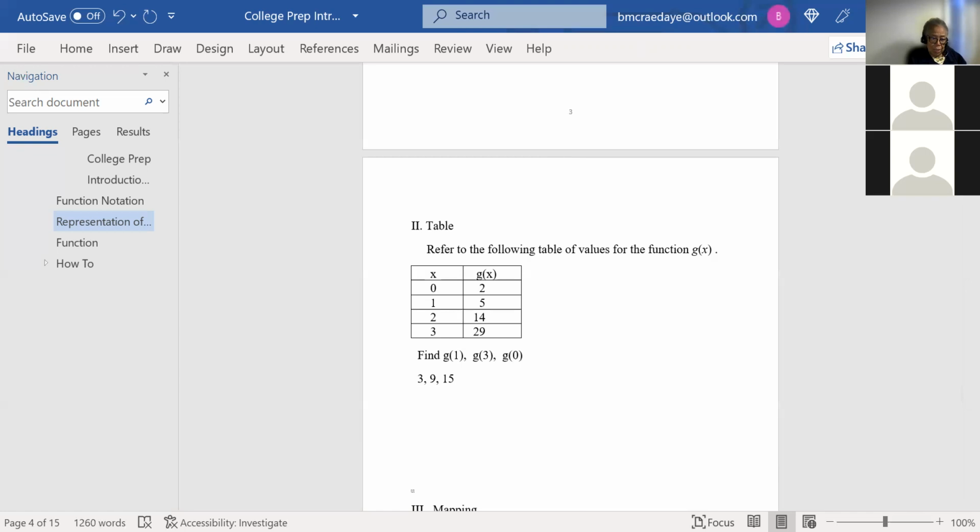How are those related? Those are multiples of 3? No, that's not it. The 3 and 9 differ by what? 6. And 9 and 15 differ by 6, right? So the next number would be what?